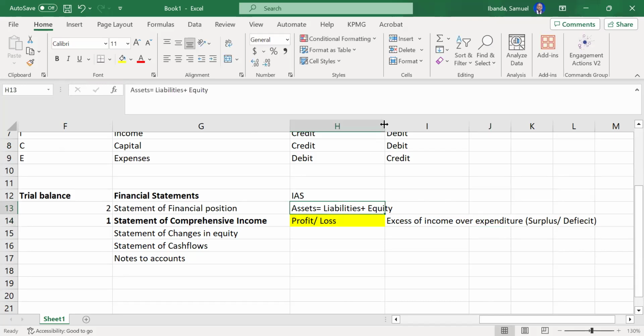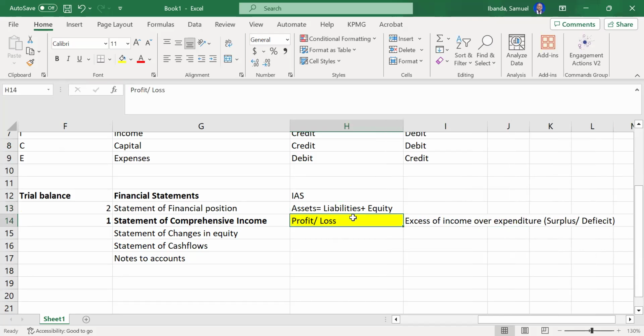So the reason why this comes second is because we have a profit and loss that is feeding our assets and liabilities plus equity. What we are picking from here, the profit and loss, is going under the equity items.